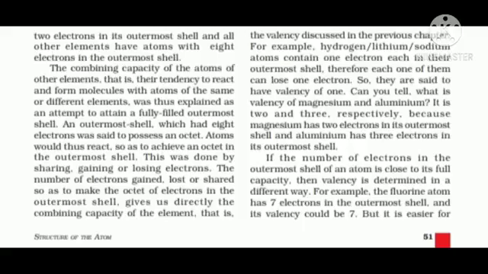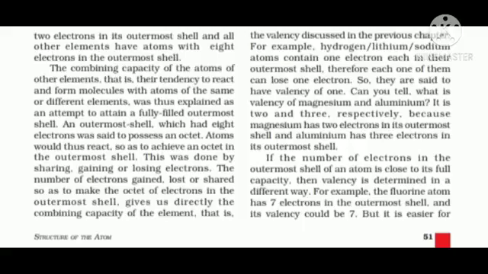The number of electrons gained, lost or shared so as to make the octet in the outermost shell gives directly the combining capacity of the element, that is the valency of the element.